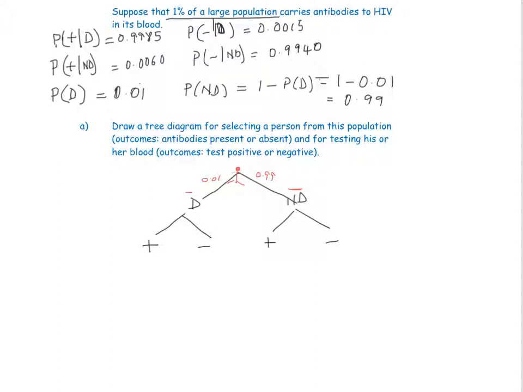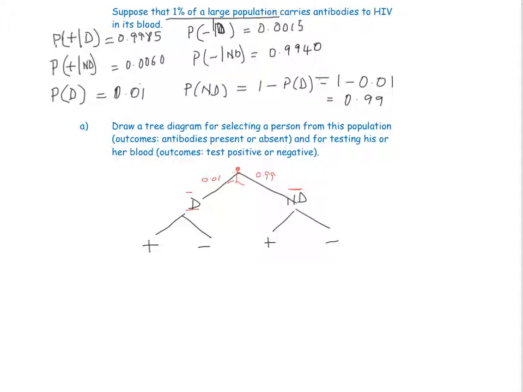Now, let's say the person who has the disease goes in for the test. There are two possibilities from that point on. The person can show positive on the test or show negative for the disease on the test. So let's put down the probabilities on these branches.